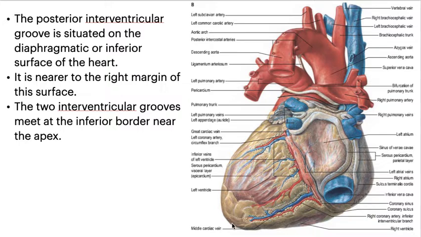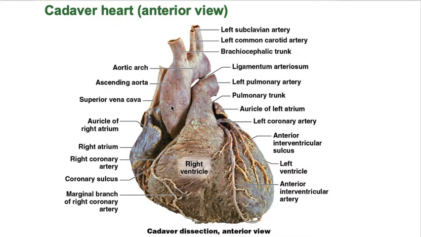The posterior interventricular groove is situated on the diaphragmatic or inferior surface of the heart. It is nearer to the right margin of the surface. The two interventricular grooves meet at the inferior border near the apex.